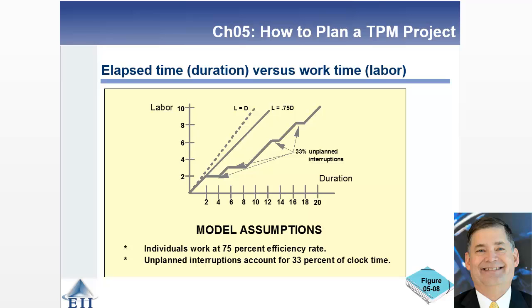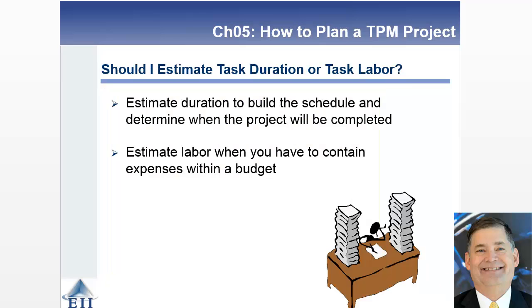How many hours is this task actually going to take, or days or weeks or months in terms of that calculation? And at the end of the day, you're going to have to estimate both. You're going to have to estimate both duration and labor associated with a particular project.